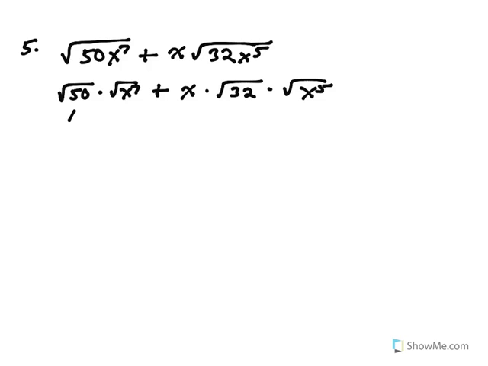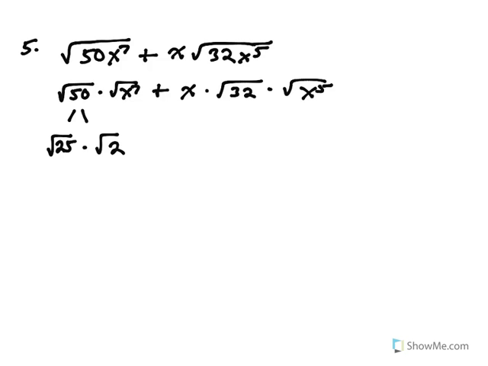Now the square root of 50 can be broken down into two numbers that get multiplied with each other. One of them is going to be a perfect square. So rather than using 5 and 10, which is really not going to allow us to simplify it, we're going to have to choose a different combination. I'm going to pick 25 and 2 instead. Why? Because 25 is a perfect square.